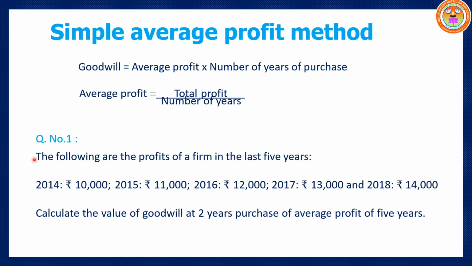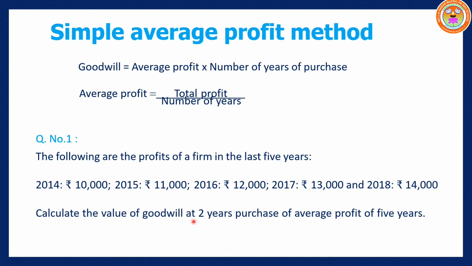Question number 1. The following are the profits of a firm in the last 5 years. So we are going to calculate goodwill. 2014, 10,000 profit; 2015, 11,000; 2016, 12,000; 2017, 13,000; and 2018, 14,000.